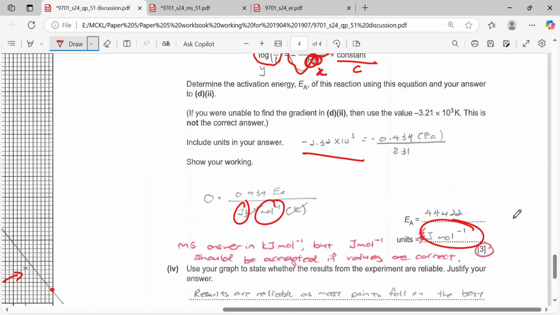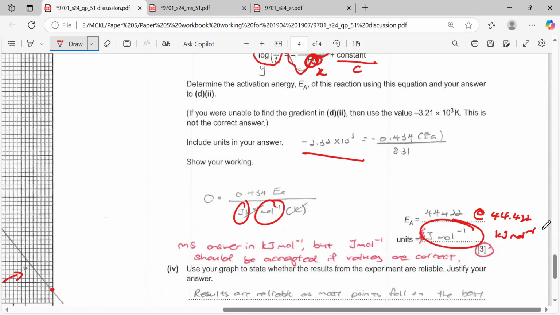Nothing wrong so long as you tally according to it. Okay, so for those who want kilojoule per mole, not a problem. You need to divide this number by 1000. So the other version is 44.422 kilojoule per mole. Doable. This is also acceptable. Okay, but because I never divided by 1000, I just left it as joule.